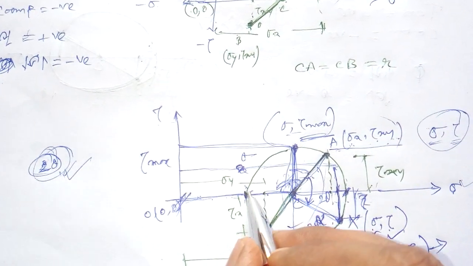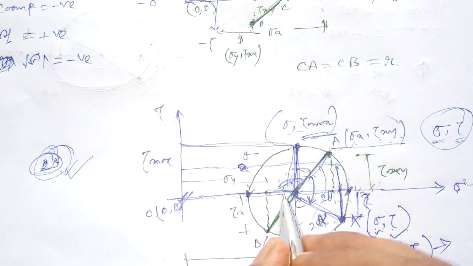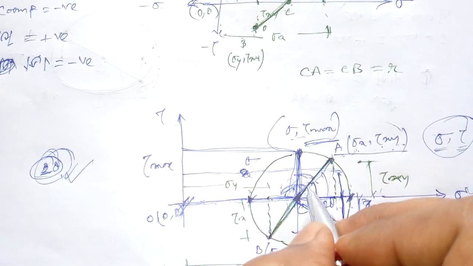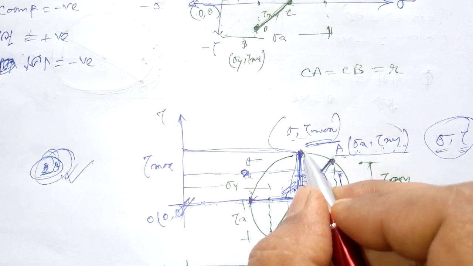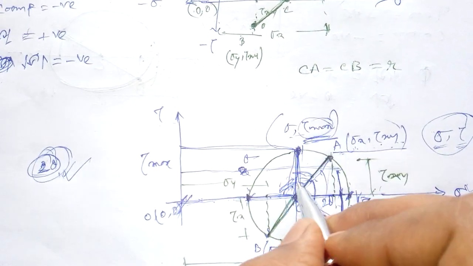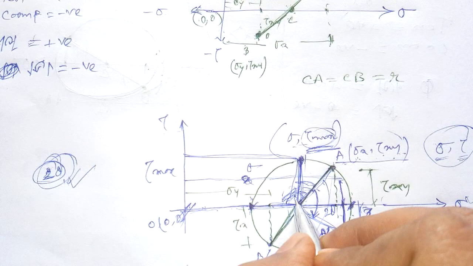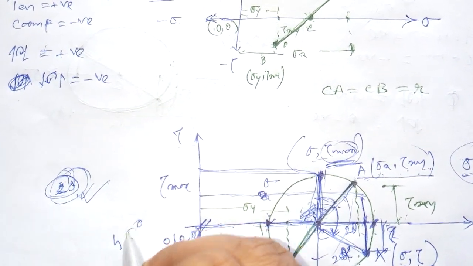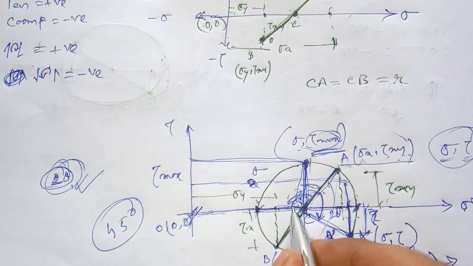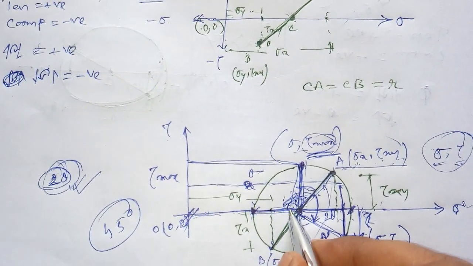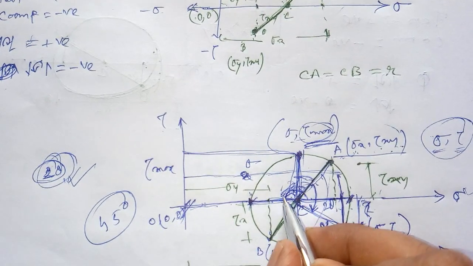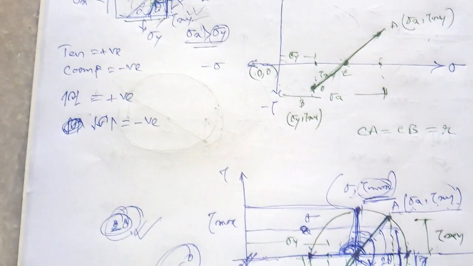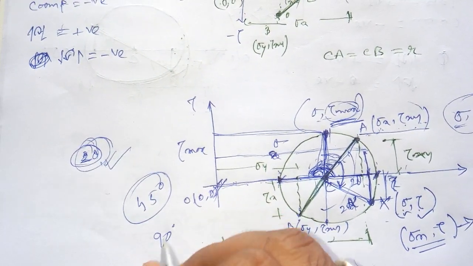Another thing we can find out is that the major principal stress or minor principal stress is at a 90-degree angle with the plane which is having the maximum tau value. 90-degree here means in the actual body this will be half of 90-degree, that means 45-degree, right? So we can say the major principal stress and minor principal stress are mutually perpendicular, because this is 180-degree, so in the actual body this will be 90-degree from each other.